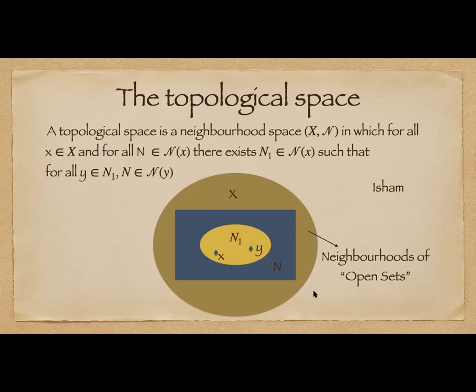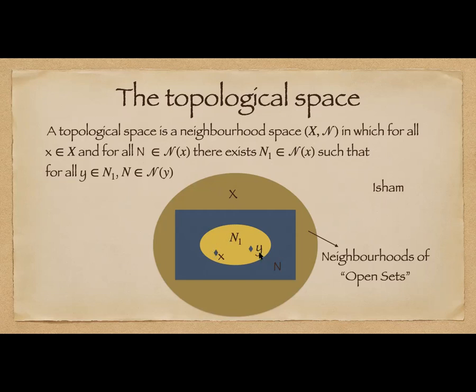So a topological space has more structure than a neighborhood space because it says that if there are points in the neighborhood of x, let's say we have this y, then there should be at least one set in the neighborhood of x which is also in the neighborhood of y.